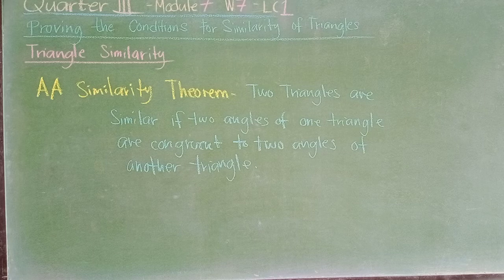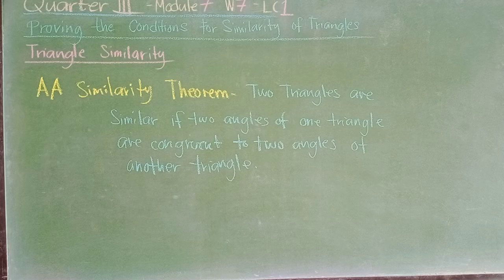Next theorem is AA similarity or yung angle-angle similarity theorem. Two triangles are similar if two angles of one triangle are congruent to two angles of another triangle. So, paano naging similar triangles? Yung dalawang triangle na may dalawang congruent angles.